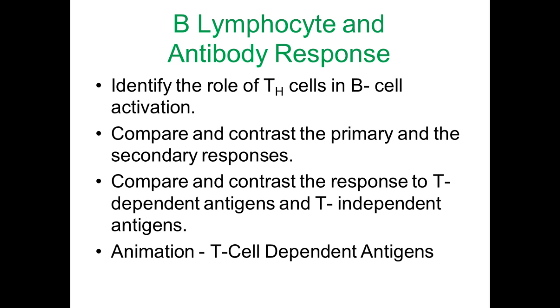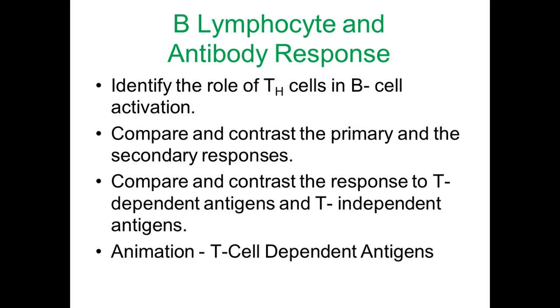That's the key difference between your primary and any secondary response: the first time you don't have those memory cells. You don't have those predetermined ones that recognize this antigen. And so the time frame is very different. But is the process the same? Yeah, we're still going to get memory cells activated. They're still going to proliferate.